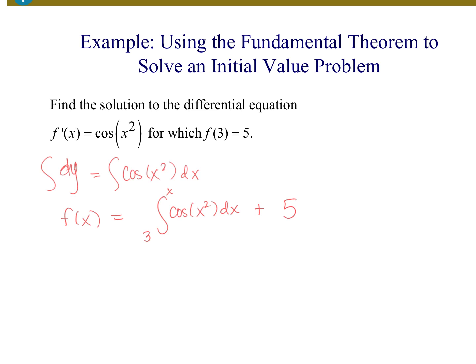So the 5 is the initial condition, the 3 is your lower bound, and our upper bound is unknown. We can use that then to find any other f value. I could find f of 5. I could find f of 10. I could find f of 0 once I have an expression for f. So be comfortable leaving it in what looks like an unfinished integral.